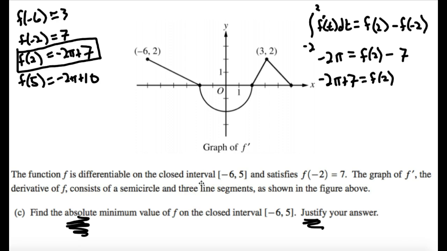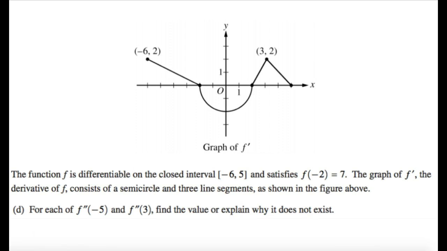All right. The final part for this question says find f double prime of -5 and f double prime of 3. Well, the second derivative of the original function is the derivative of the first derivative. What that means is f double prime will just be the slope of this graph. So the slope at -5, right here. I want to find the slope of this piece.